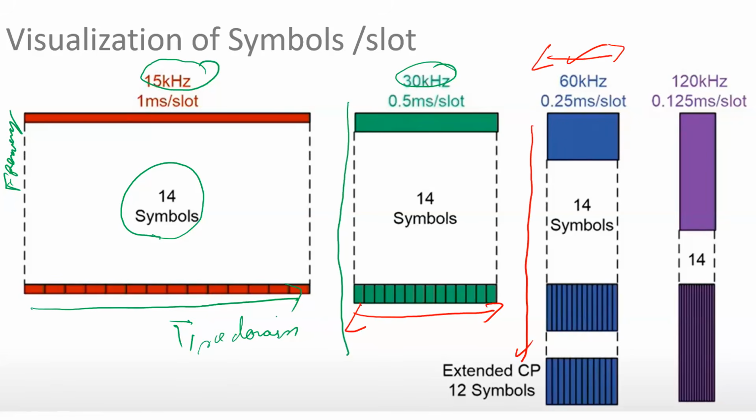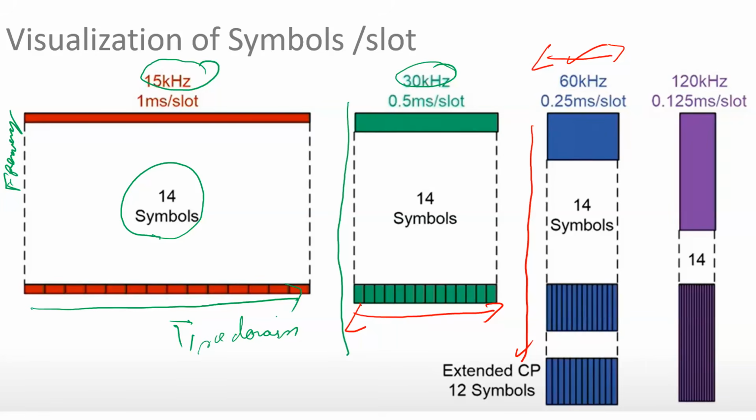So you can see here what we are playing around with: the frequency and the time components of a symbol. Now it does look like you're getting more symbols, but you are using more frequency. Thereby, by definition, it is a trade-off. So you are now actually getting more symbols per second as you move through these different options.